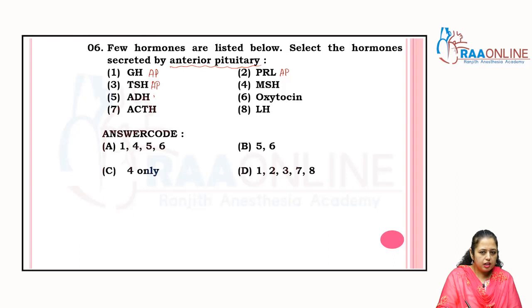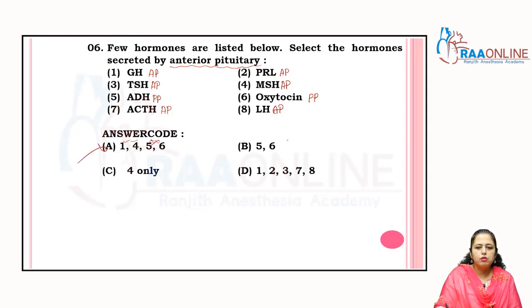ADH is posterior pituitary, oxytocin posterior pituitary, ACTH anterior pituitary, LH anterior pituitary, right? So 5 is not there and 6 is not there. 1 and 4 are correct, 5 and 6 are wrong, right?